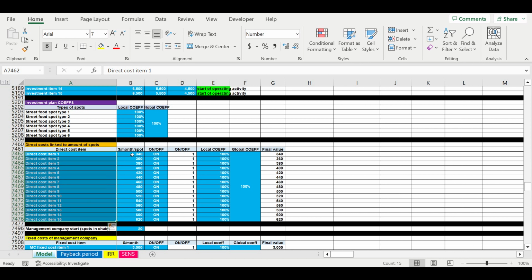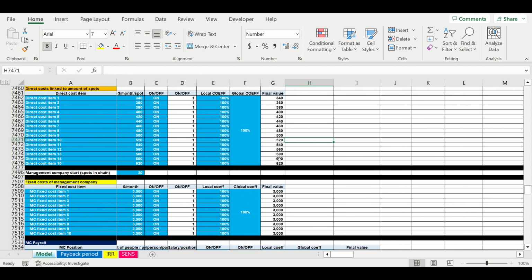Here we specify what is the monthly cost for this direct cost item per spot. So this is the value in dollars per month per spot. We can switch these costs on and off. Here we have local and global coefficients.